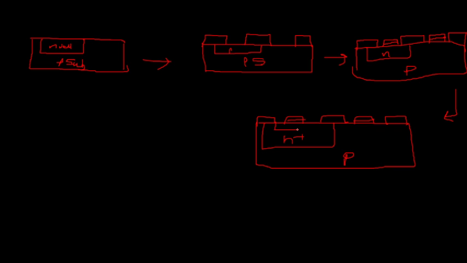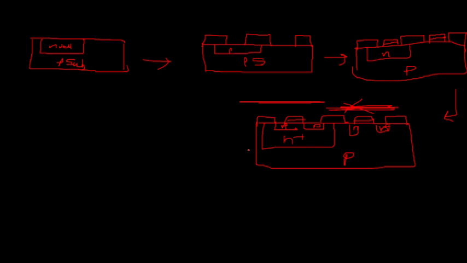Let us say P plus impurities are doped here, so this is P plus and this is P plus. Meanwhile the other region will be masked, and later when N plus has to be doped, at that time this region will be masked and this region will not be masked. So here it will be N plus and N plus.